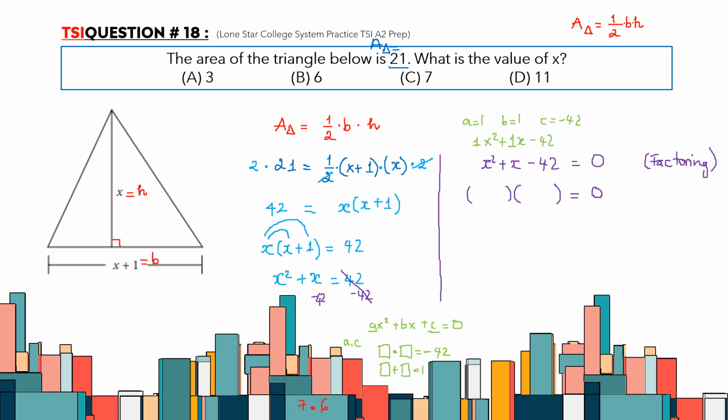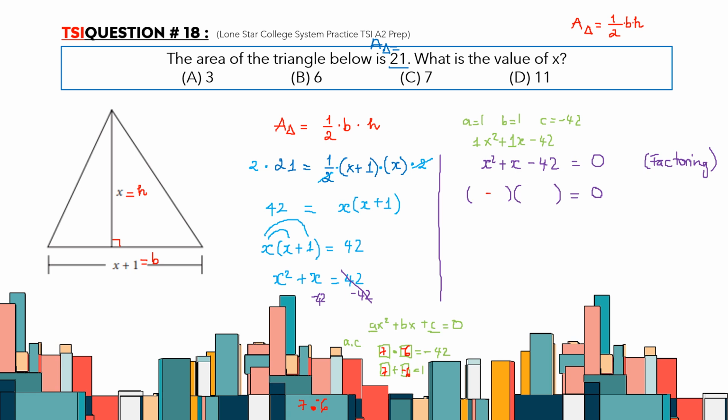That's perfect, 7 times 6 is 42, but then we have one negative. Which one will be negative, negative 7 or negative 6? Which case will make the sum equal to 1? If we have negative 6, you will have positive 1. So we have 7 times negative 6, and 7 plus negative 6. That's perfect.